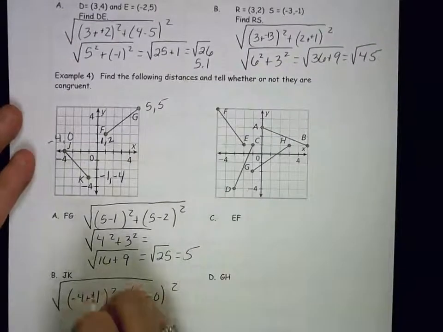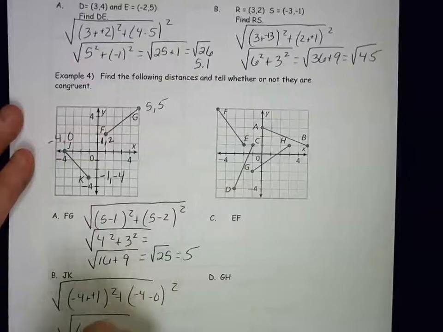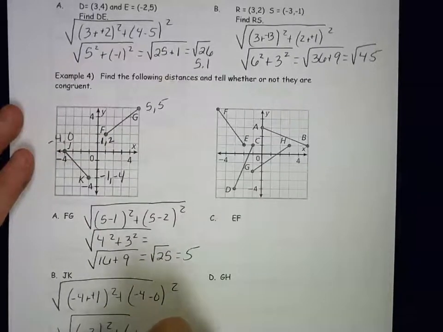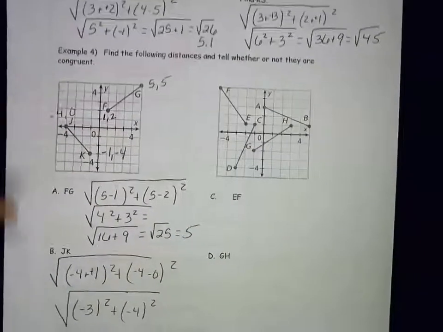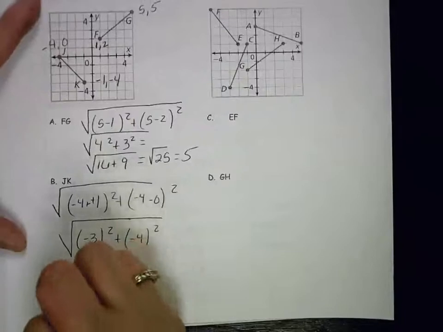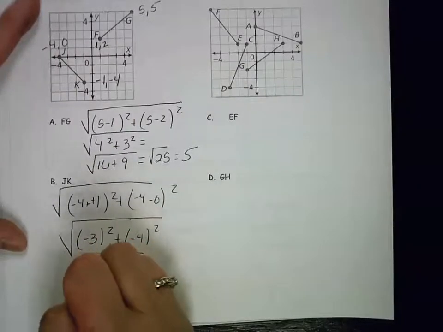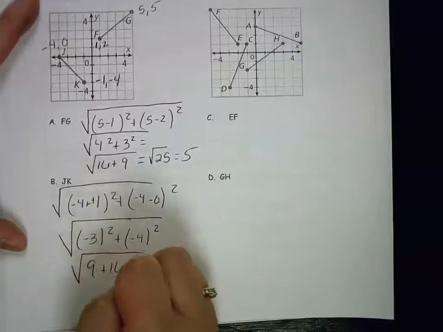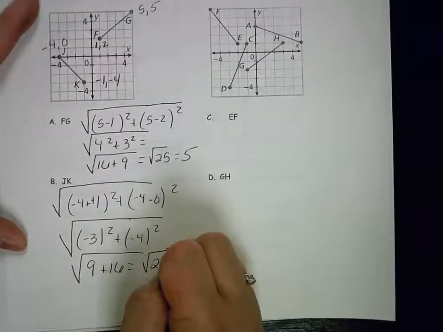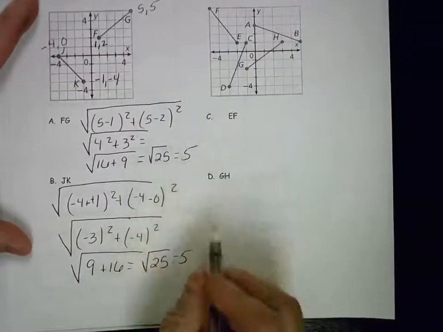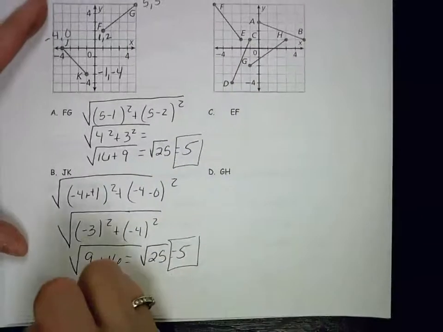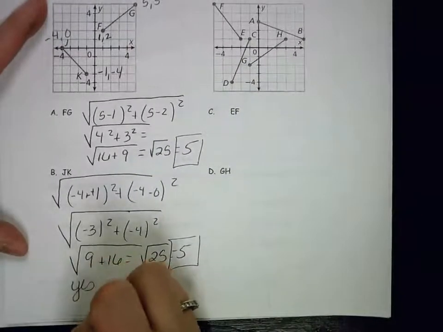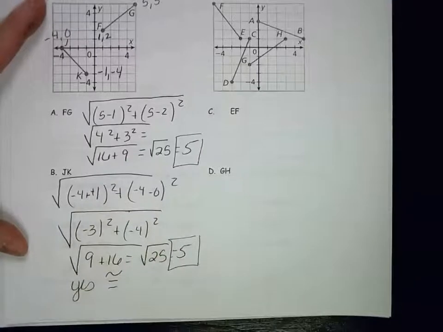Zip zapping that will be negative 3 squared and negative 4 squared. Make sure you put parentheses around that in your graphing calculator. 9 plus 16 equals the square root of 25, which is 5. Those both equal 5. So yes, those two are congruent.